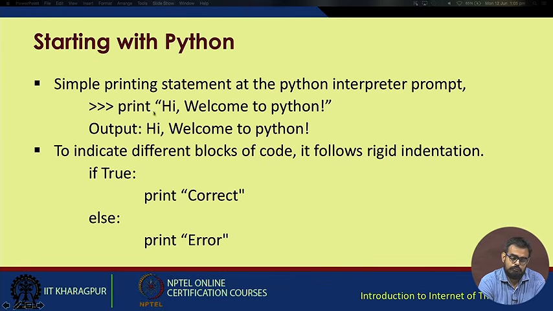Okay, so now to indicate different blocks of the code, Python follows a very rigid indentation policy, right? So suppose a normal if else statement: if true, then colon, you have an indentation, print correct; else, you go back, else colon, again indent, print error.